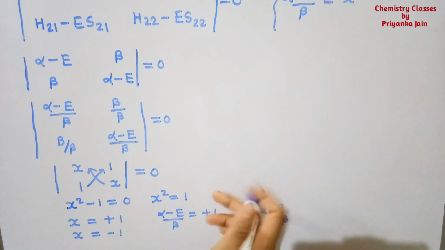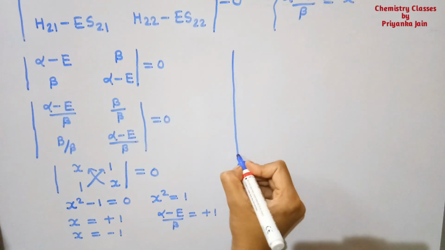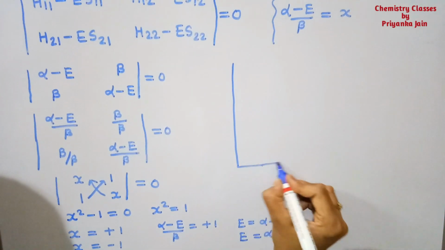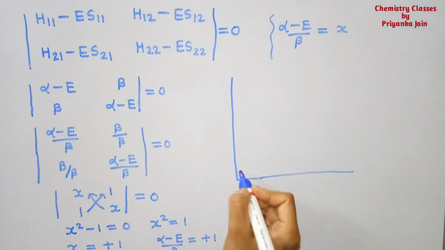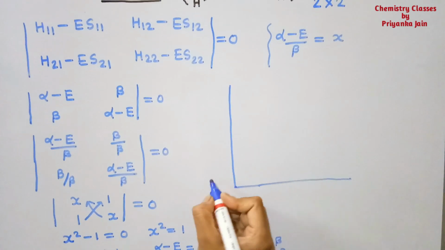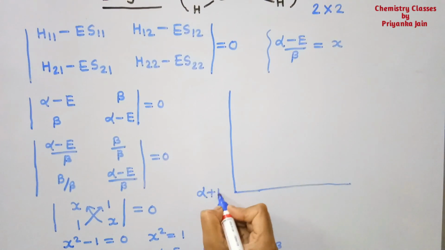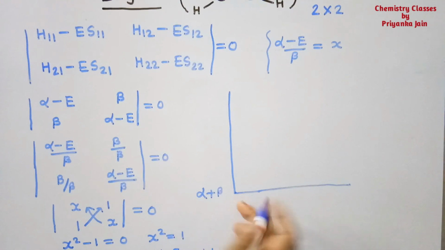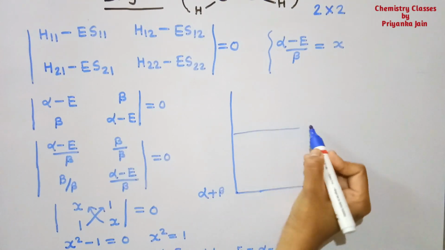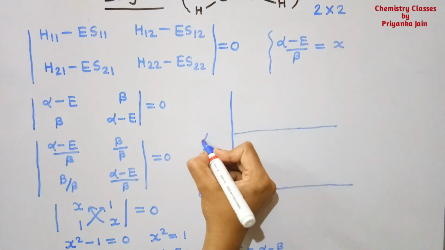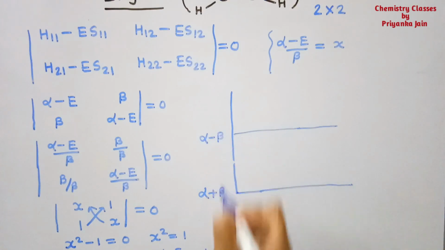If we draw them, this is the lower level, alpha plus beta, and another one is the upper level, alpha minus beta.